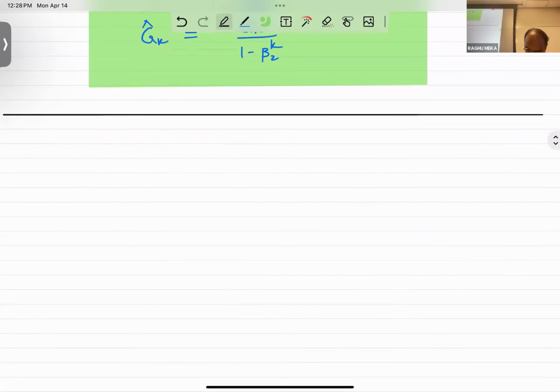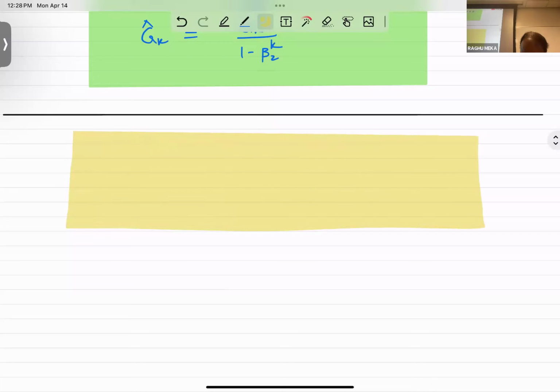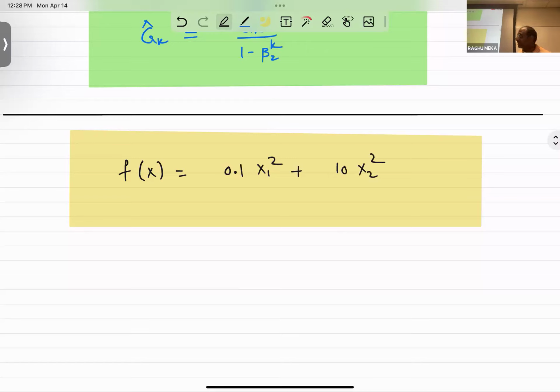Okay. And lastly, it's helpful to take toy examples. So one example that we looked at, we said, if our function was something like this, then AdaGrad makes a lot of sense because I want step sizes which respect the different scales of these two things. The rate at which gradients are changing in x1 will be much slower because of this factor 0.1.